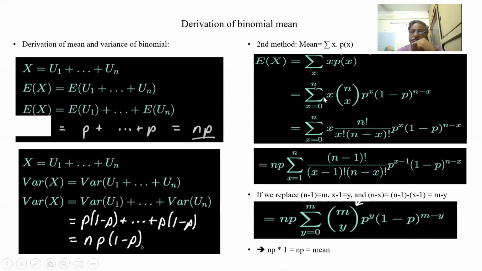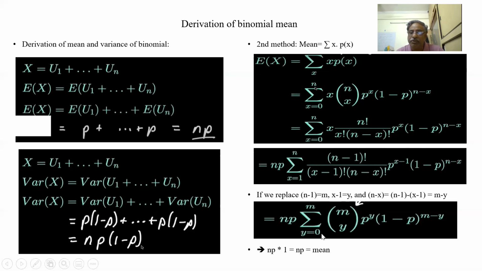By the definition, if x is not there, the sum from 0 to n of all of this is 1, because the sigma of all probabilities is 1. Since x is there, I have taken x outside, cutting x factorial to x minus 1 factorial. So n also becomes n minus 1, and p also becomes p minus 1. Then I converted this into a whole probability.